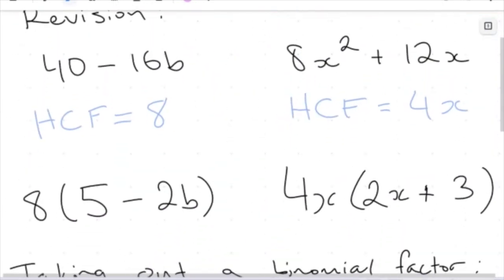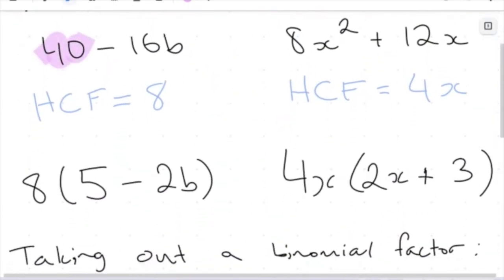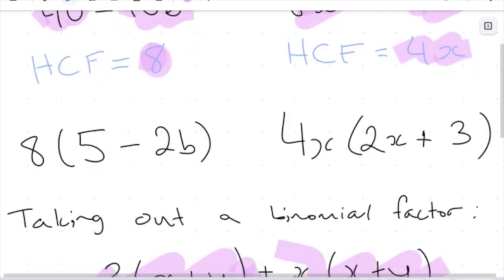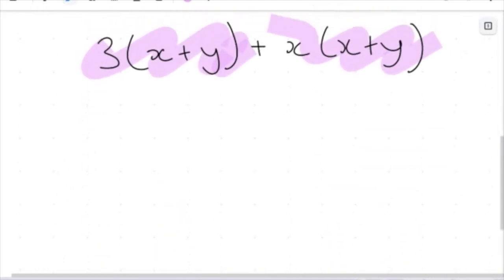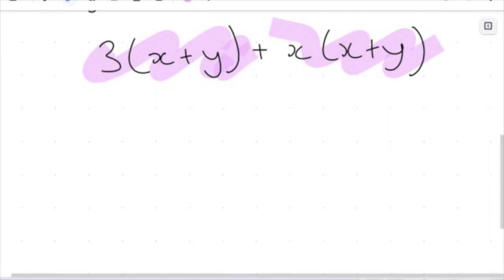In the same way that 40 was a product of 8 and 5, and negative 16b was a product of 8 and negative 2b. They both shared this highest common factor. Same thing with this and this. 8x squared was made up of 4x multiplying by something else. And 12x was made up of 4x multiplying by another thing. The same thing is happening here. It just looks scarier.